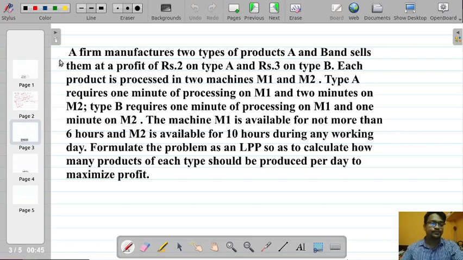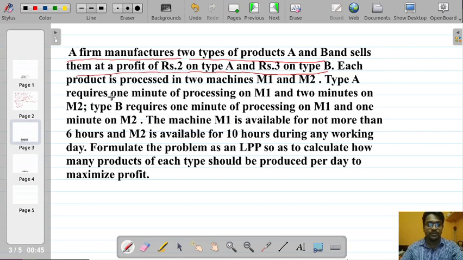Okay, so let us see another problem of this type. A firm manufactures two types of products, A and B, and sells them at a profit of ₹2 on type A and ₹3 on type B. Each product is processed in two different machines, M1 and M2.